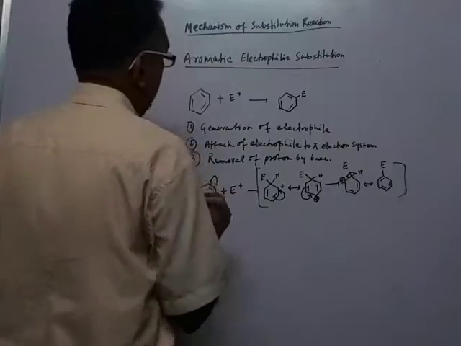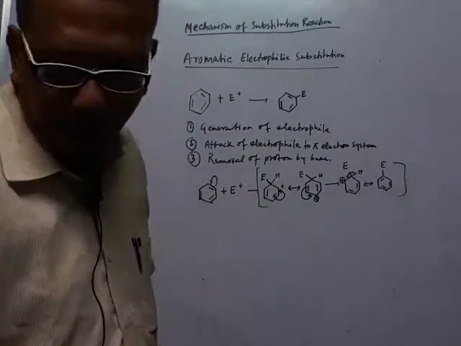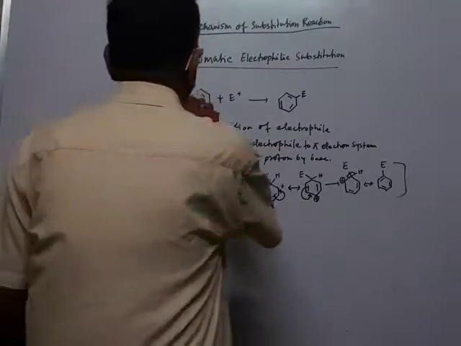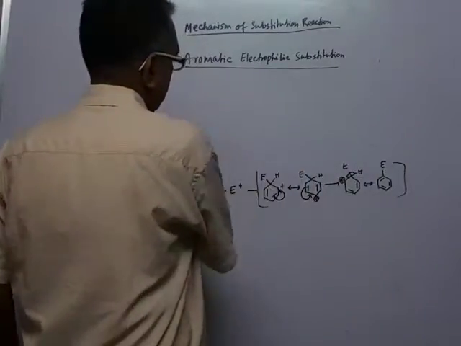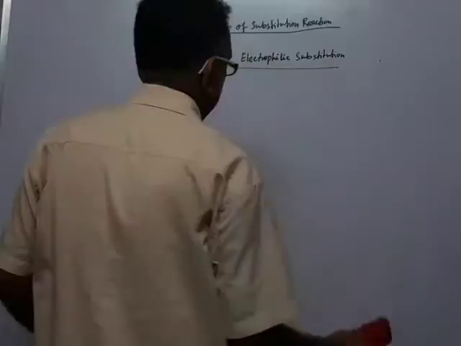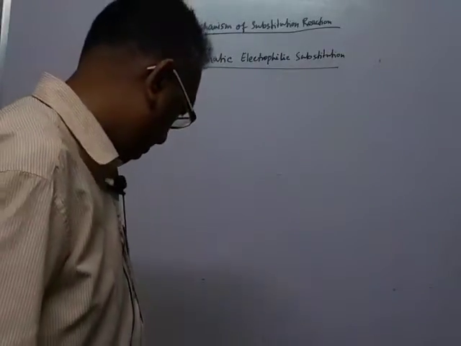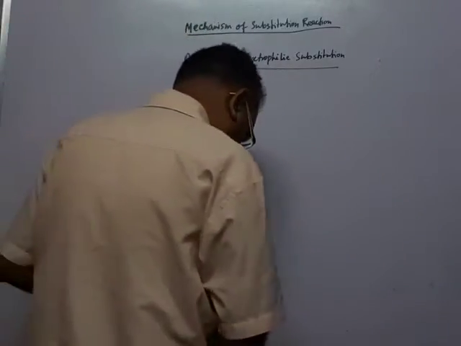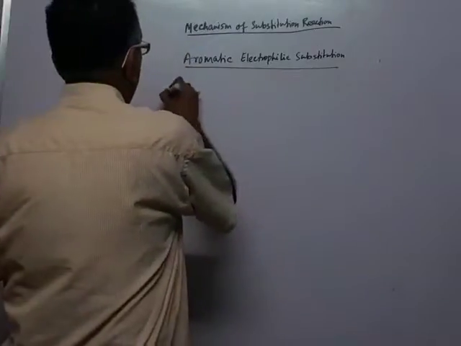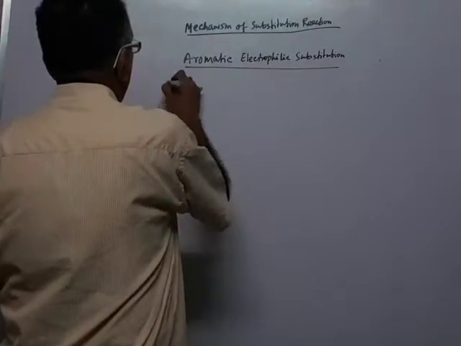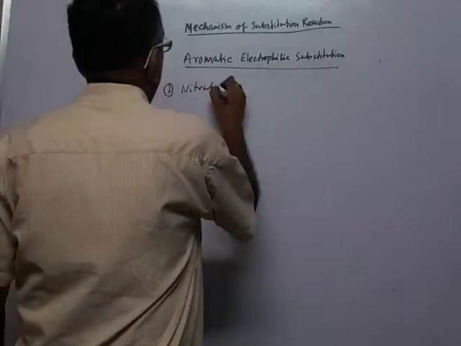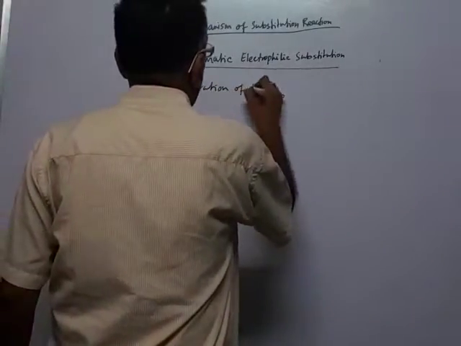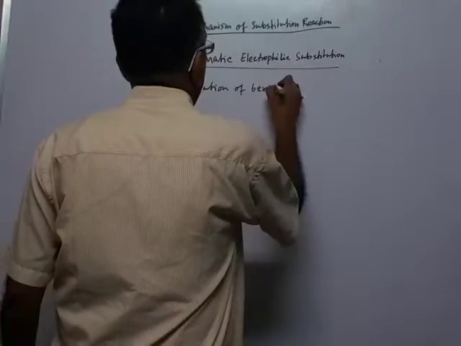Now for example we can see, for number 1, nitration of benzene ring.